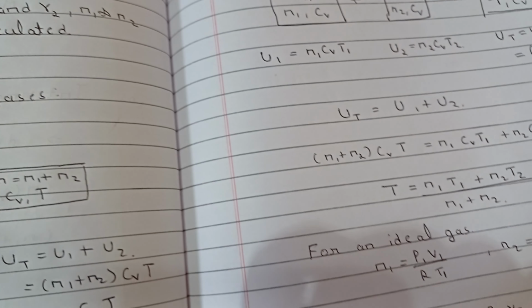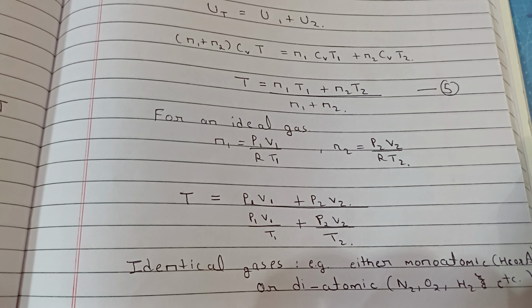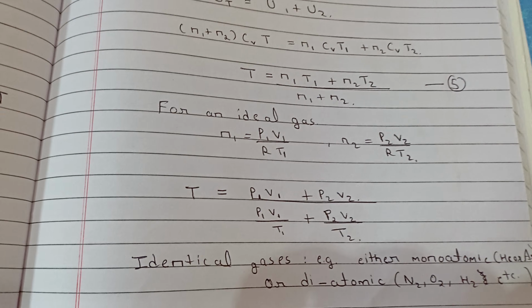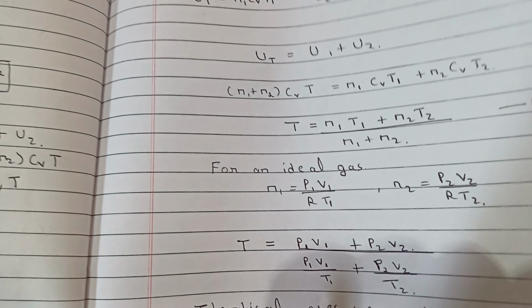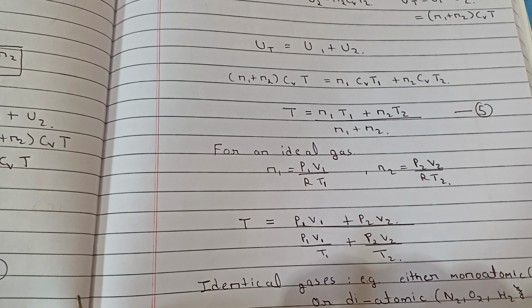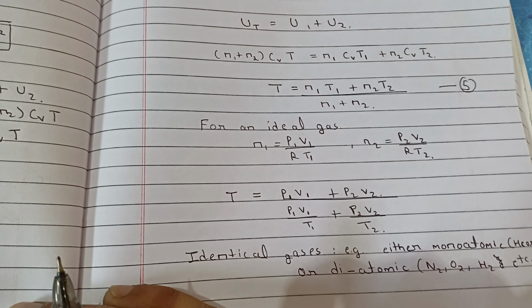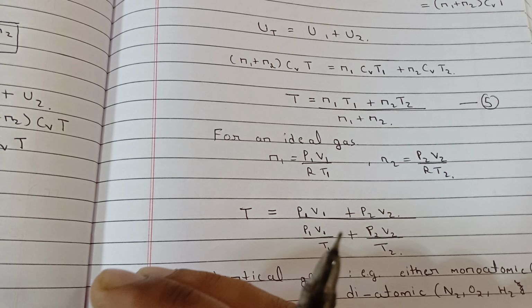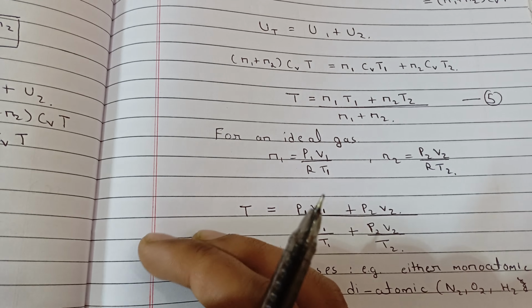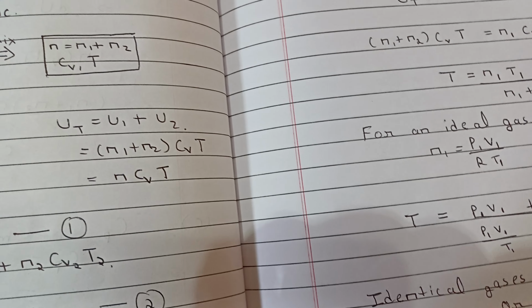Monoatomic means they should have the same number of atoms, then they will have the same specific heat, Cv will be the same. We already discussed in the last lecture how all monoatomic gases have the same, diatomic the same, triatomic the same, and polyatomic the same. So we differentiate them on the basis of their number of atoms, but not on their nature. Their specific heat is independent of their nature.